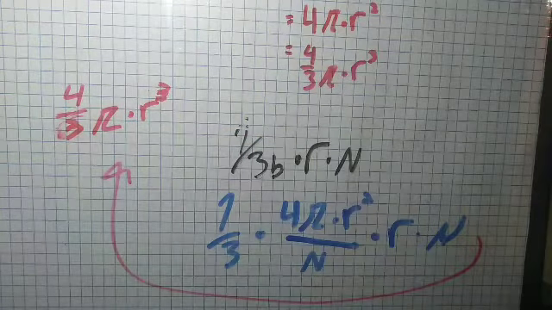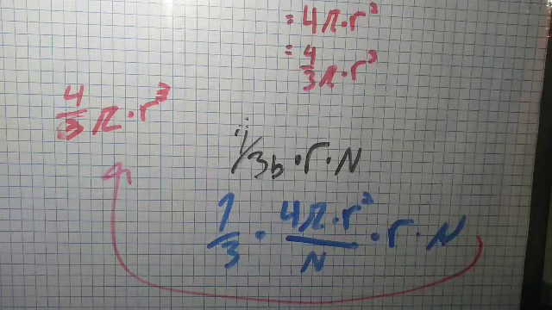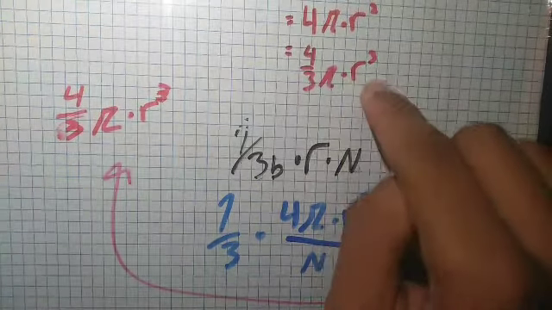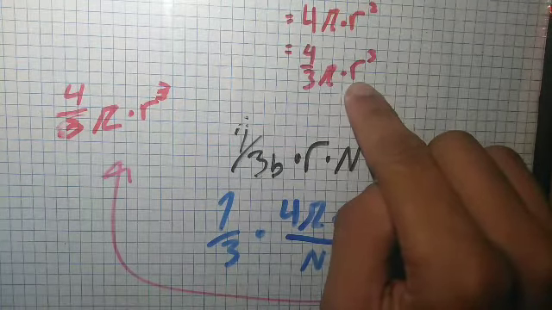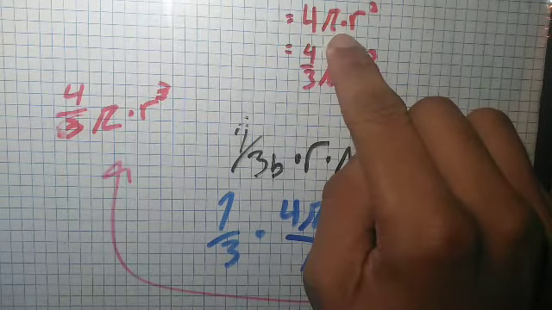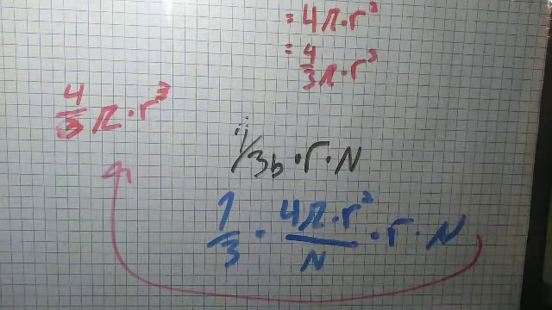And that right there can be defined as our volume of our sphere, which is this right over here. So this is the volume of our sphere, and this is our surface area of our sphere.